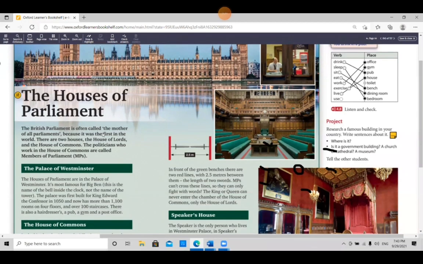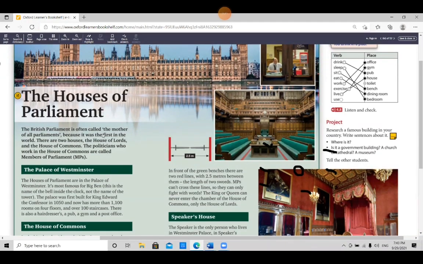The politicians who work in the House of Commons are called members of Parliament, MPs. So MP means member of parliament. In plural, members of parliament, in short, it is MPs. Thank you.